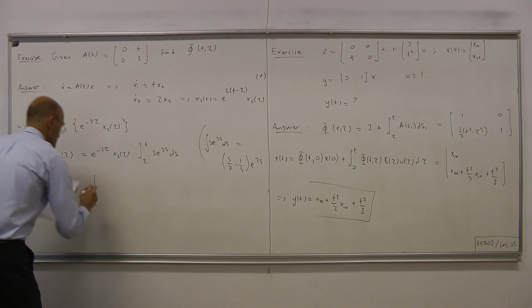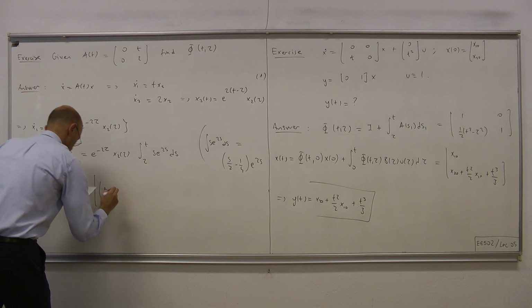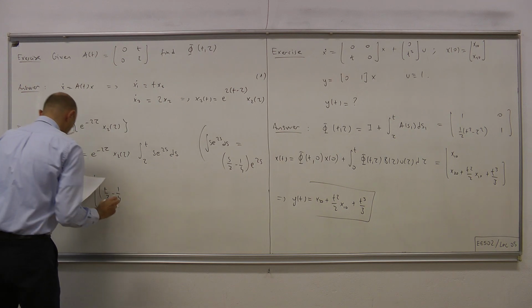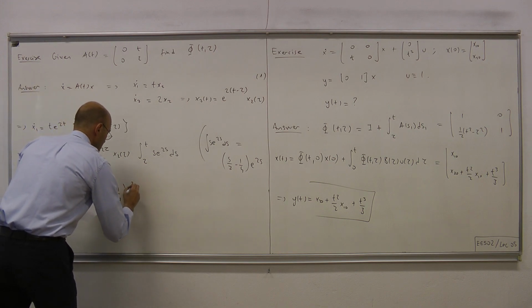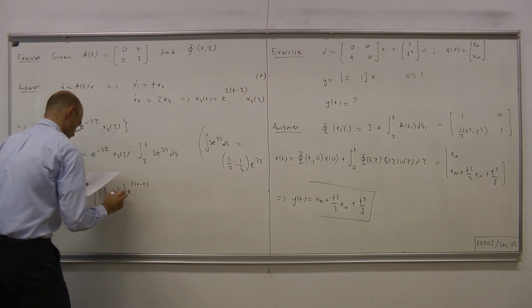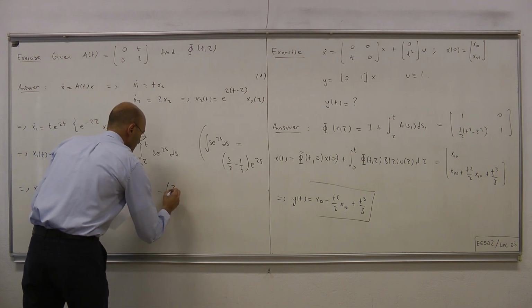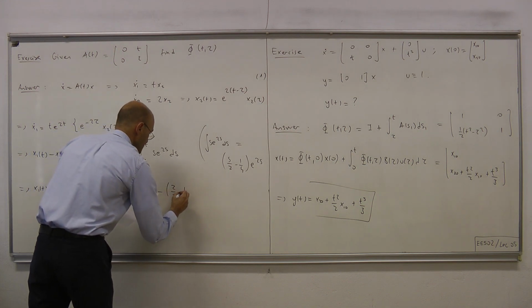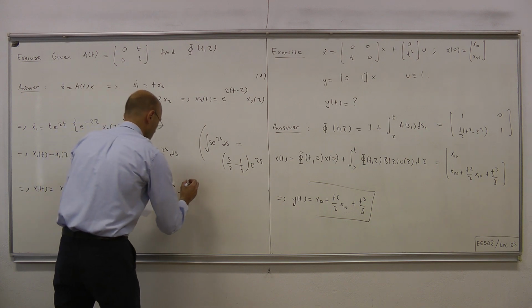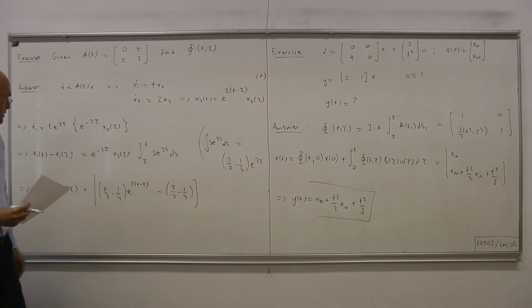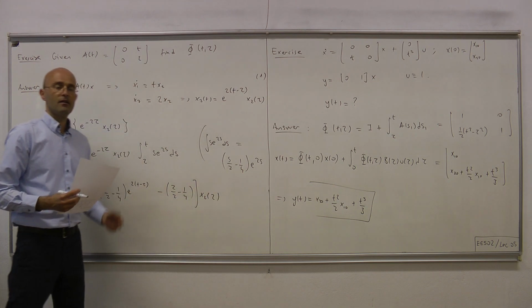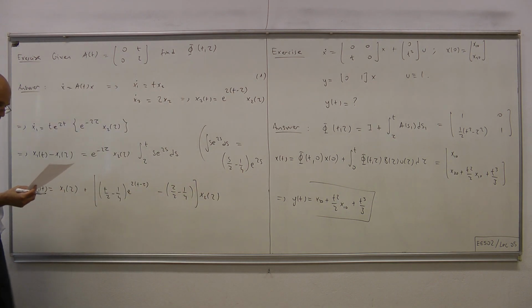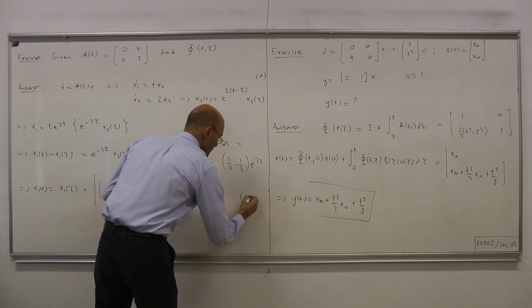The answer is (t/2 minus 1/4) e to the 2(t minus tau) minus (tau/2 minus 1/4) times x2 of tau. Let's call this equation 2.